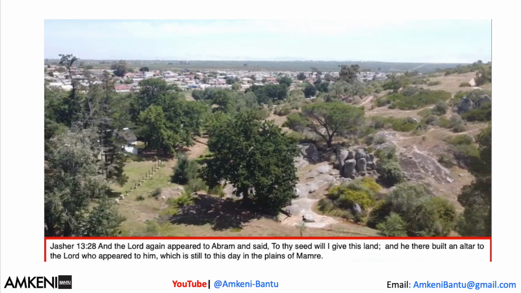And here, he there built an altar to the Most High, who appeared to him, which is still to this day in the plains of Mamre. Some of you may know this is where we were in February earlier this year. That is exactly it. That is the altar Abraham built.